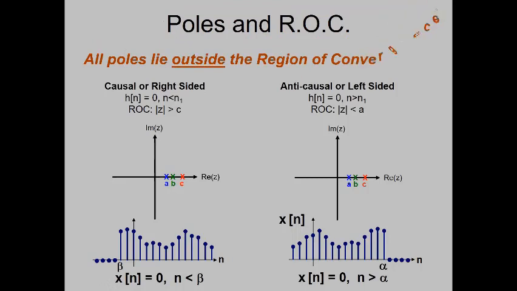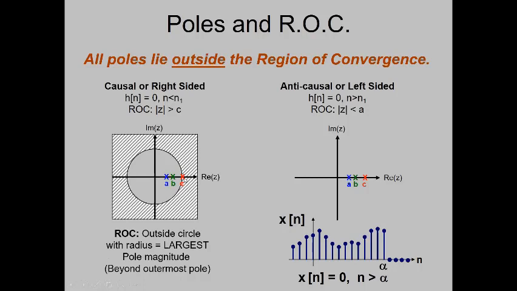All poles have to lie outside the region of convergence. And so if my system inherently has a region of convergence that goes outward, I can't start it till I get past this outermost pole here.